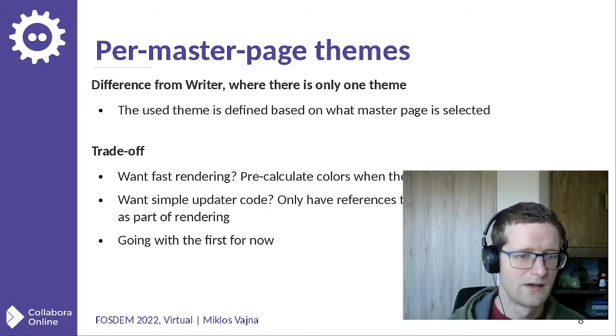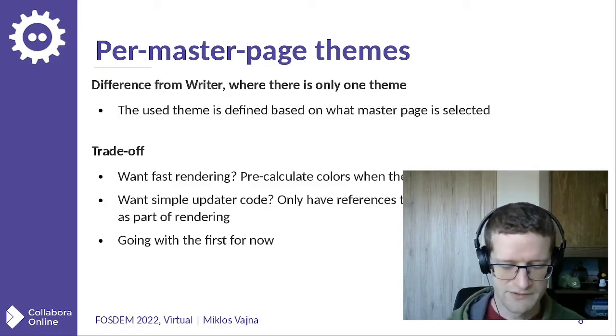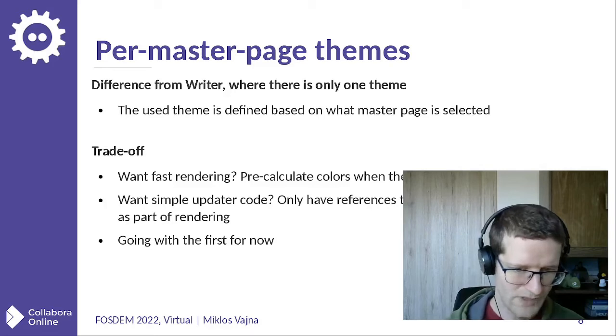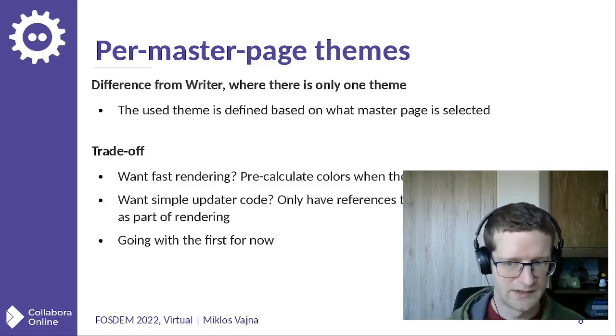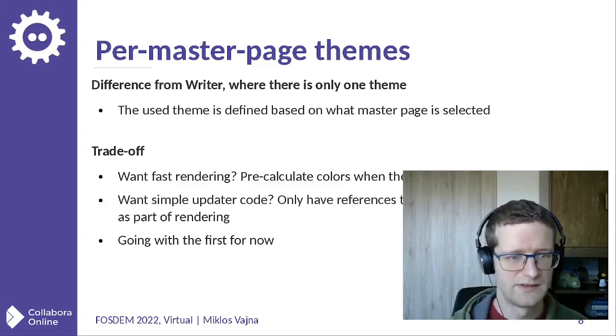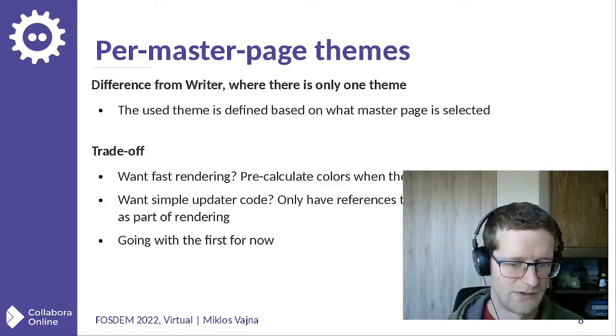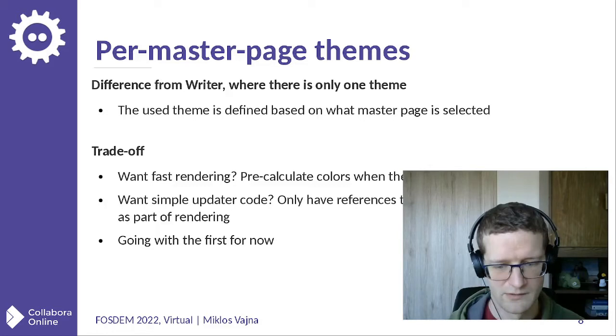Or you might want simpler updater code, which would mean that you update the document model with your new theme, and then you have some kind of references to all of these theme colors, and then you can notify them and calculate them as part of rendering.